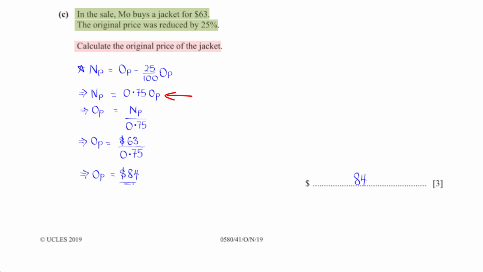When we make the original price the subject, we have the new price divided by 0.75. We know that the new price is $63, and so when we type this into the calculator, we get the original price as $84.